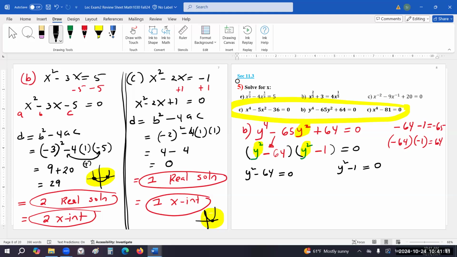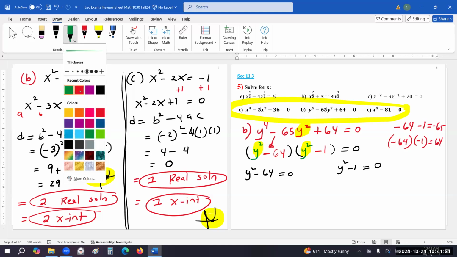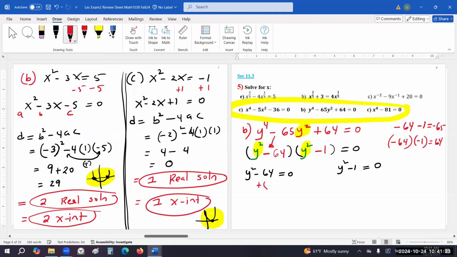Either factor them more or solve it the normal way, but don't forget to put plus minus 1 into the square root. So it's up to you. Let me solve it the normal way. We need to add 64 and we need to add 1. So we get y squared is 64 and y squared is 1.